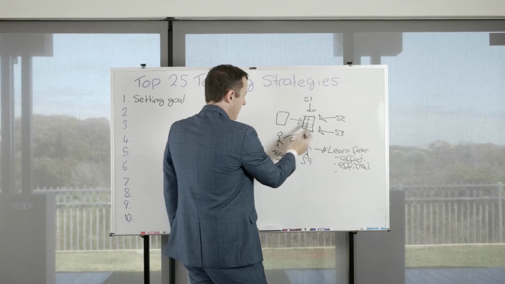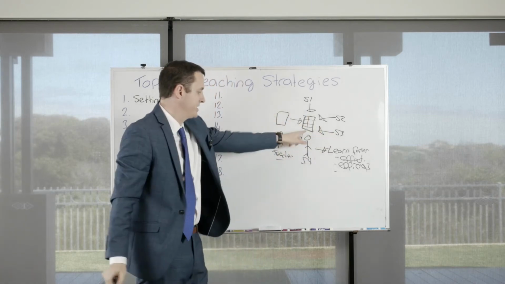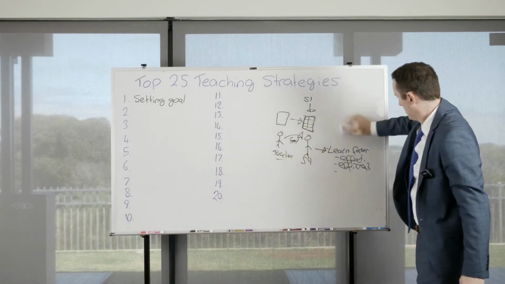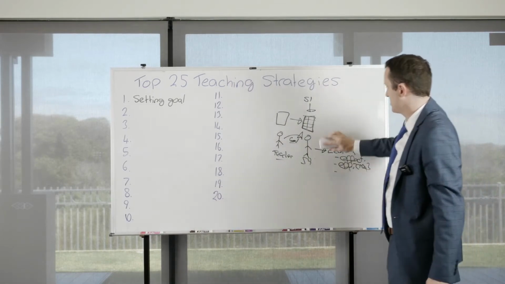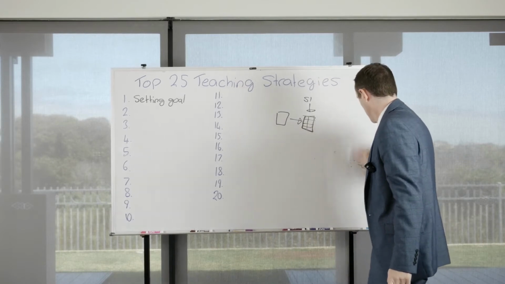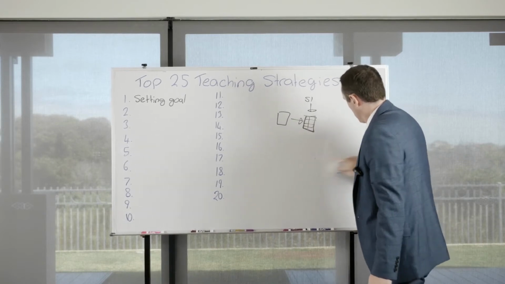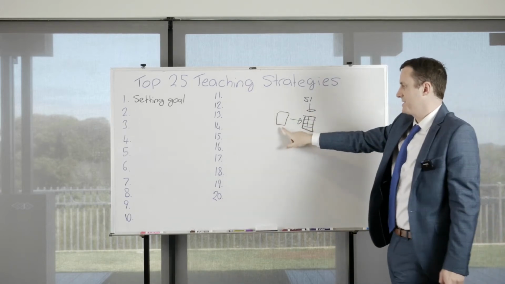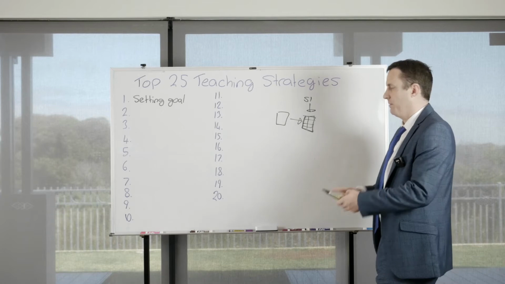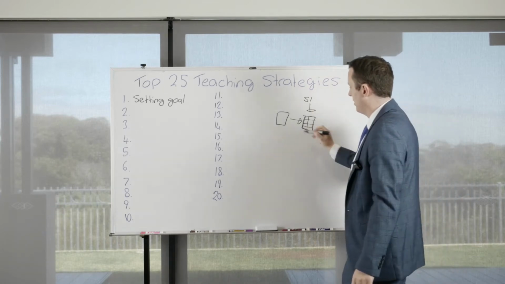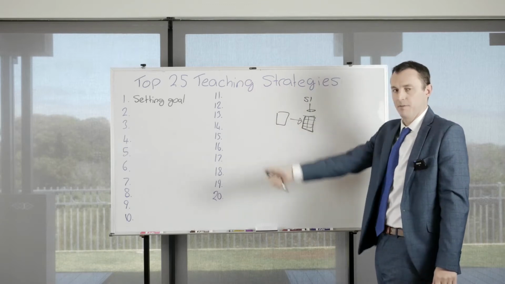Now what you can see here is that I'm trying to conceptualize that into just a little drawing. This stuff here, if we're using various different strategies to teach it, it's not enough to just use one strategy. Just to make that more clear, it's not enough just to use one strategy, because that is not far enough down the path of teaching. It's still pretty closely related to just handing that information across.